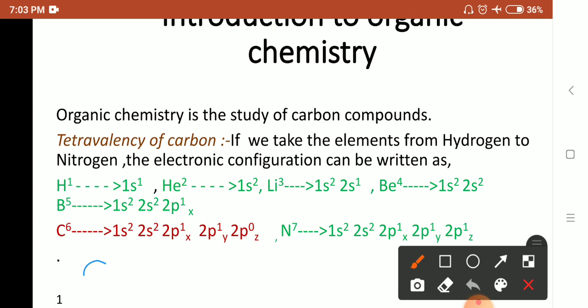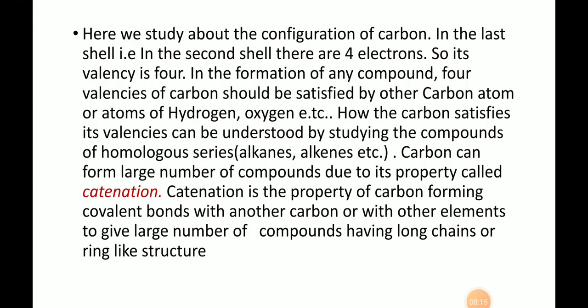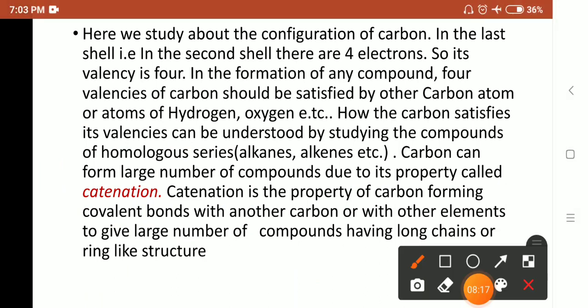If you take oxygen, atomic number 8, in that case 2px gets 2 electrons, because 1 electron is more, and the pairing of electrons starts here. But that is not important for us. For us, the important one is only carbon. Now here we study the configuration of carbon.